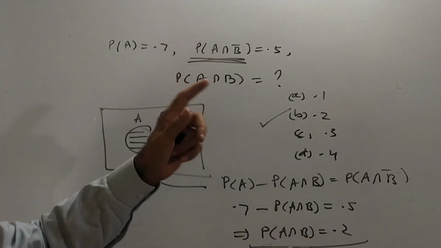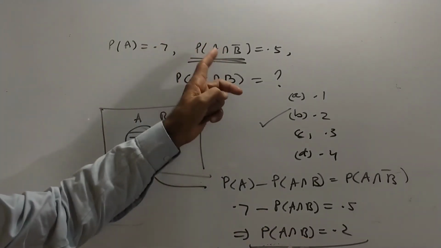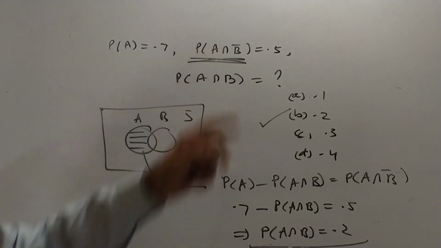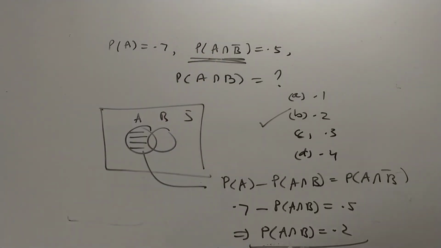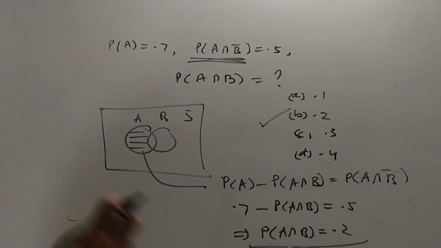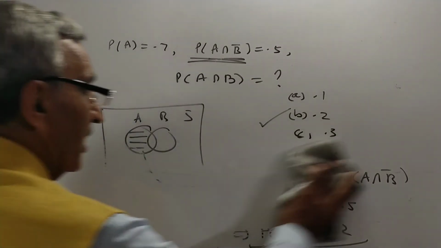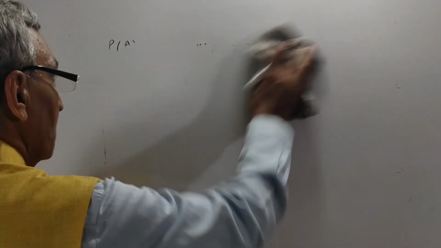In the second case, we found out how to find the union when B is known to us. That is the one point. So this was the one question, and the last question I am going to do now is like this.